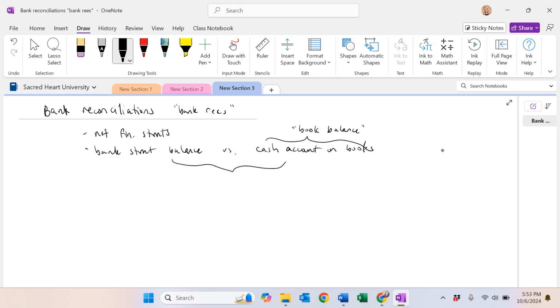And what we do is we have the bank statement balance, we have the cash account balance, and we look for all of the adjustments that are needed so that we can come up to that same amount. We adjust for differences to get to what we call the true or adjusted cash balance.